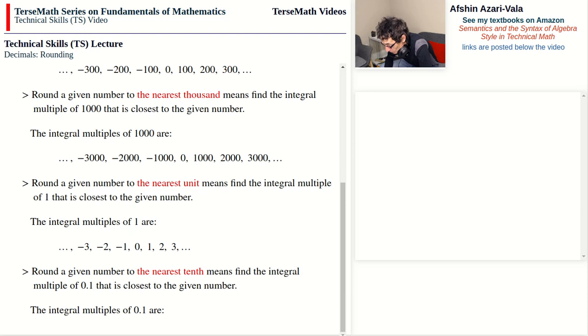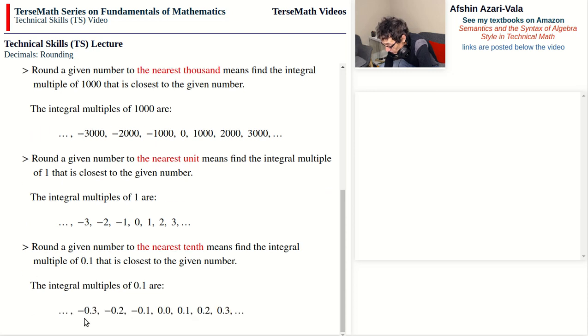So the integral multiples of a tenth are negative 0.3, negative 0.2, negative 0.1, 0.0, 0.1, 0.2, 0.3, and so on. Now when we say to the nearest tenth, we need to show the tenths, so that's why I write 0.0. And the question is, which of these integral multiples of 0.1 is closest to the given number?